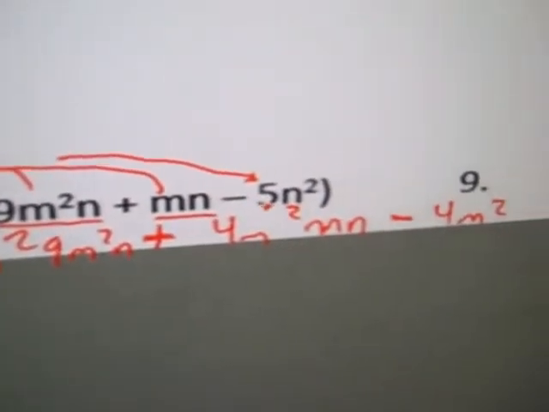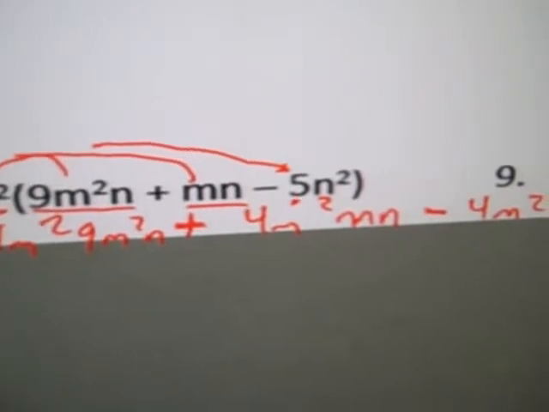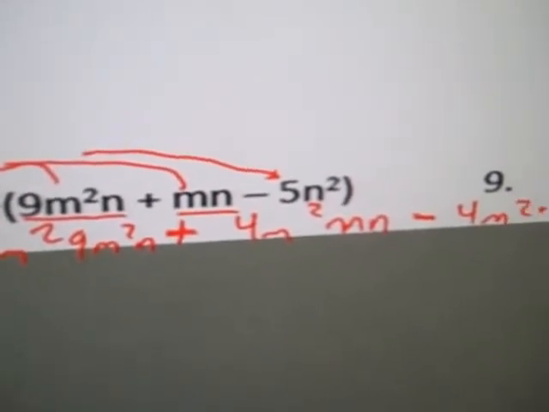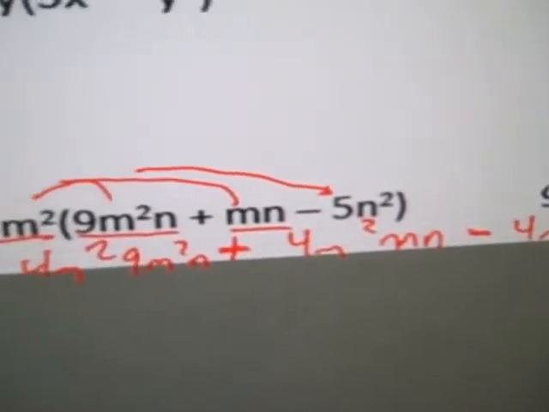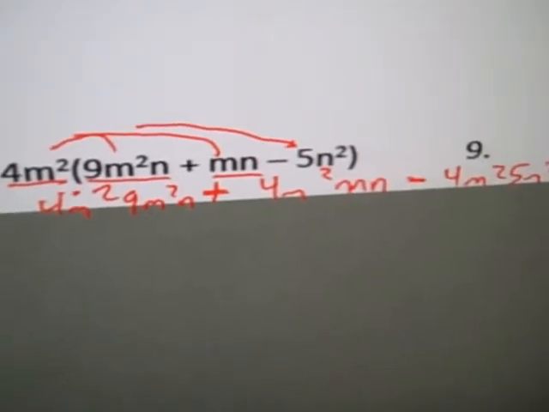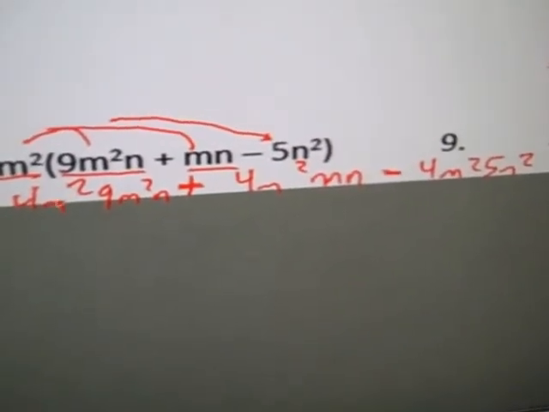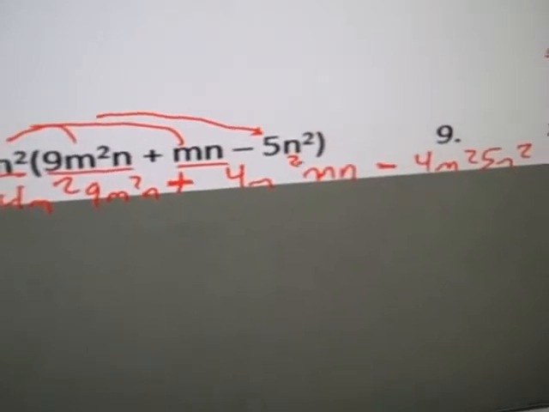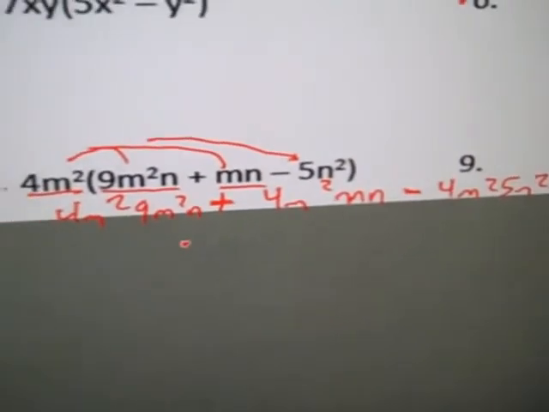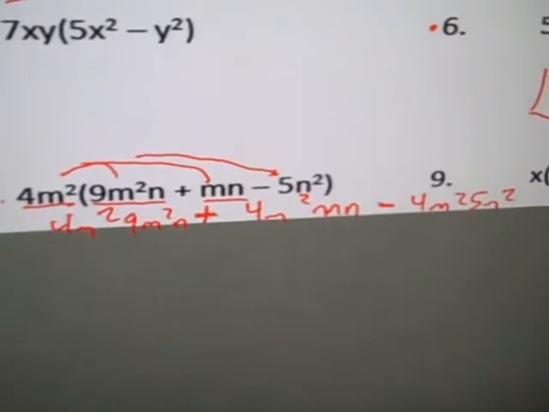And the last term in the parentheses is 5n squared. I didn't say negative 5n squared because I already counted for the negative sign right here. I just go ahead and write 5n squared right there. And then from here, just go ahead and follow the rules of exponents and multiply the same variables, and at the end clean it up and you'll get your answer.